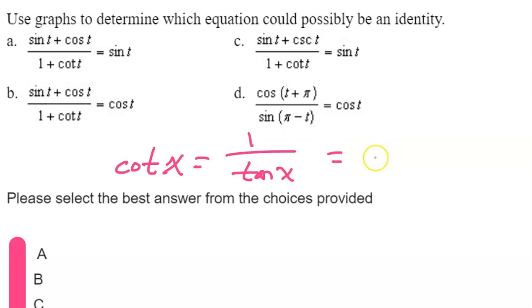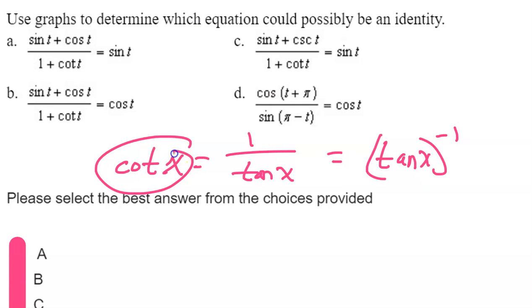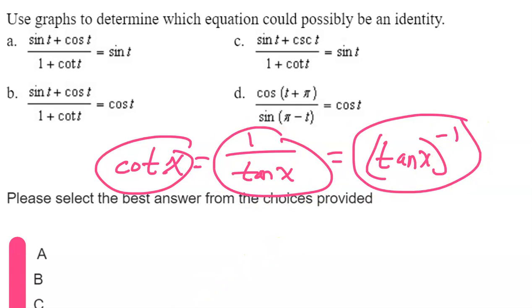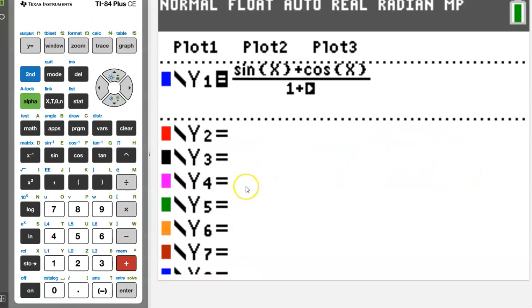In other words, I could write tangent x to the -1 power, and that also means the reciprocal. Whoops, that's a messed up tangent there. Alright, anyway, cotangent is the reciprocal of tangent, which I can write like this.